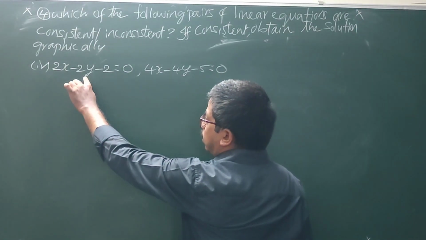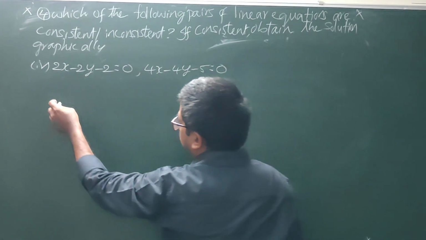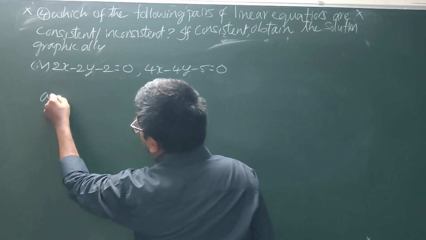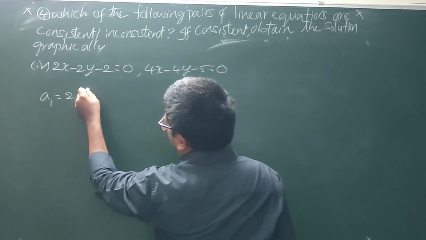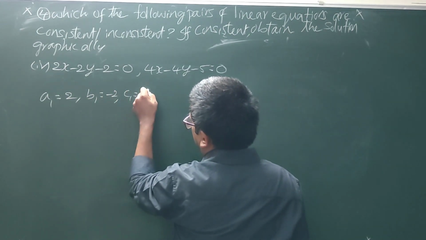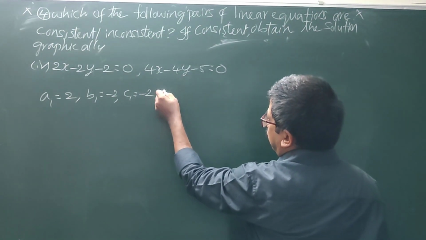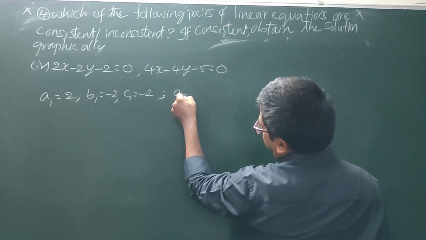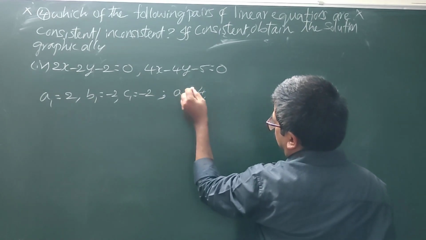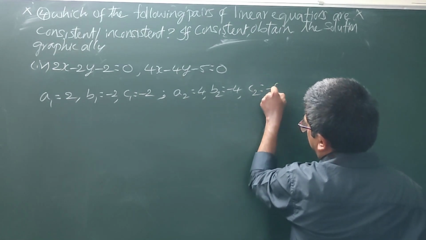Fourth one, 2x minus 2y minus 2 equal to 0, 4x minus 4y minus 5 equal to 0. Here a1 equal to 2, b1 equal to minus 2, c1 equal to minus 2. Next here a2 equal to 4, b2 equal to minus 4, c2 equal to minus 5.